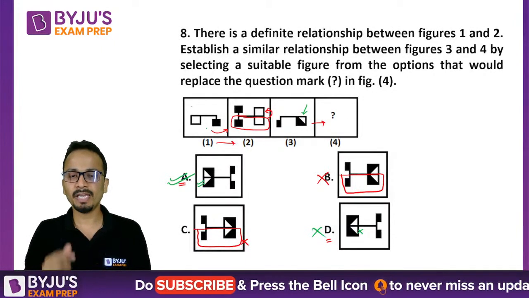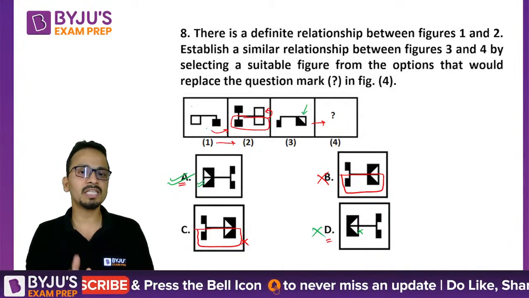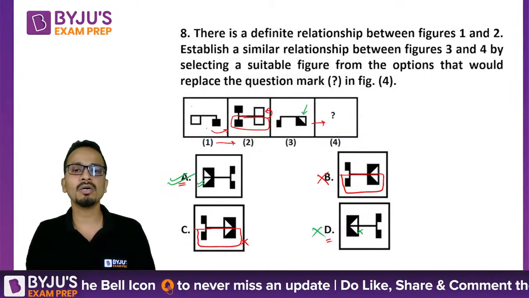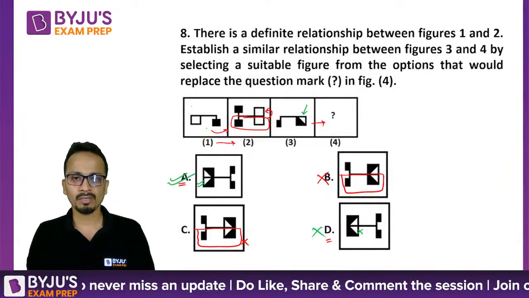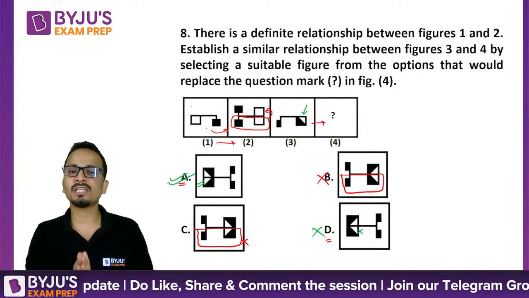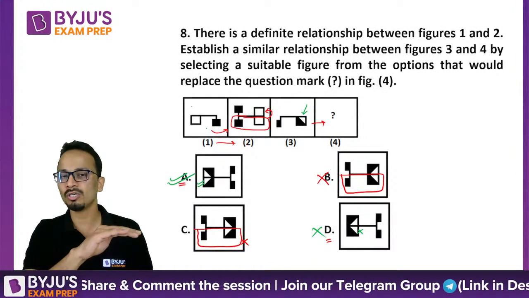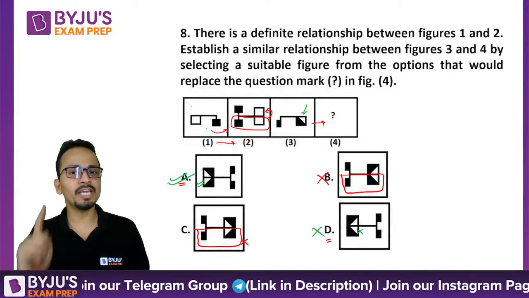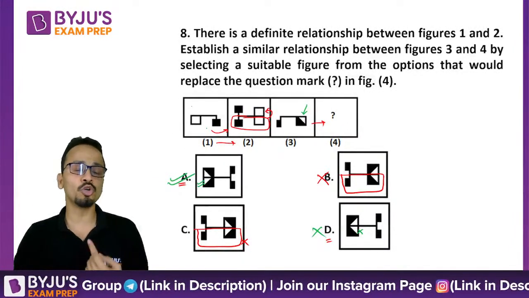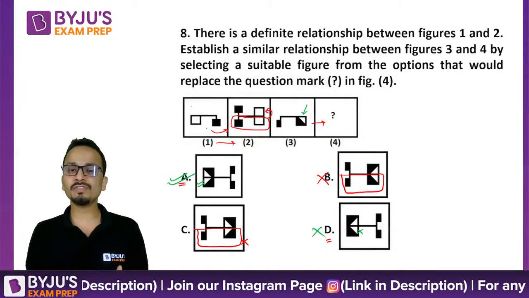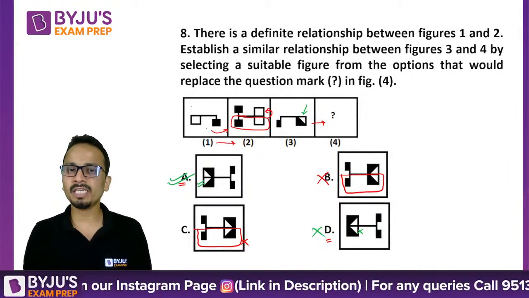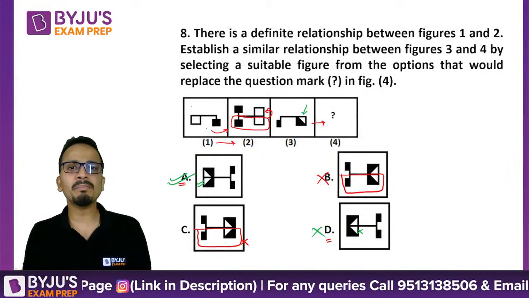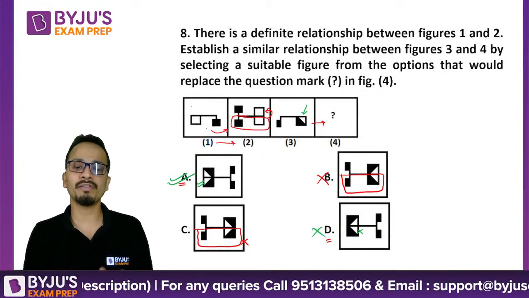Fine. Now mirror image is basically the reflection of any figure along the vertical axis, and water image is the reflection of any figure along the horizontal axis. So you have to keep this in your mind and ask yourself if any of these images can be obtained by writing the mirror image or the water image of the given figure.